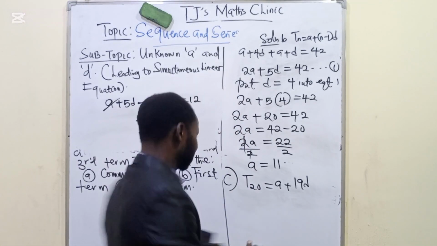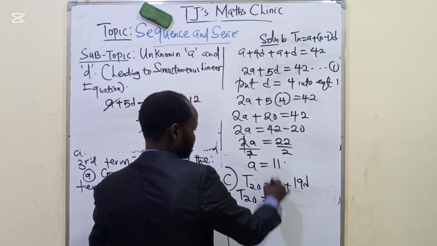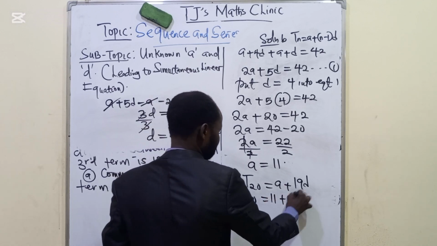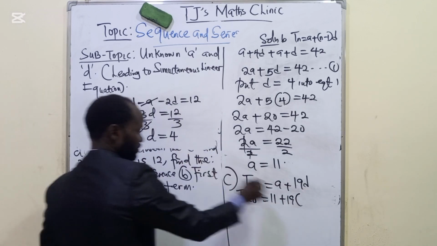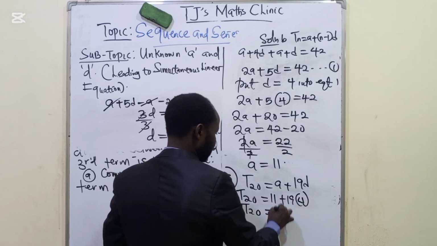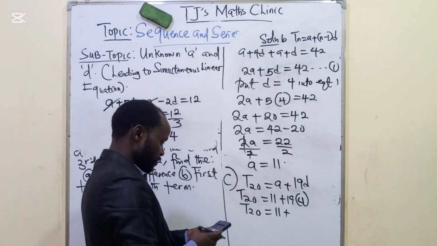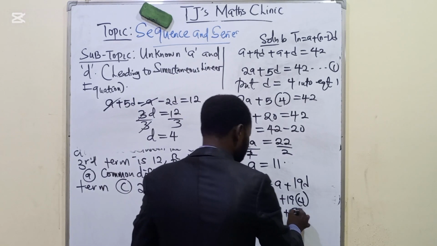Let's continue. Our T20 now will be equal to the first term, which is 11, plus 19 into the common difference, which is 4. T20 now will be equal to 11 plus, let's multiply 19 by 4, we'll have 76.